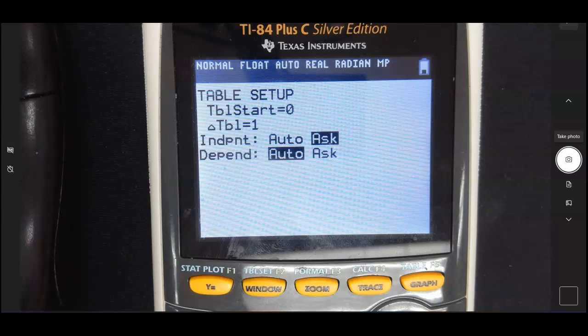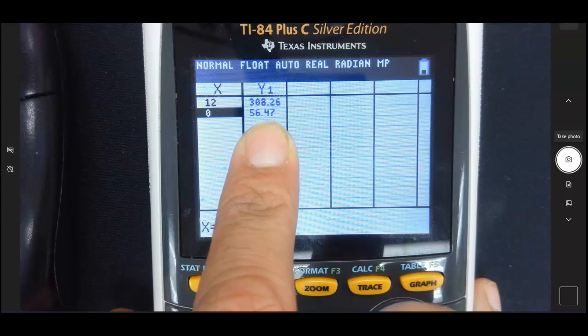Okay, it says to calculate the percent error. So percent error is simply actual minus findings. The actual was given to you in that reading, and we found it to be 308.26, but the actual was 281.4.